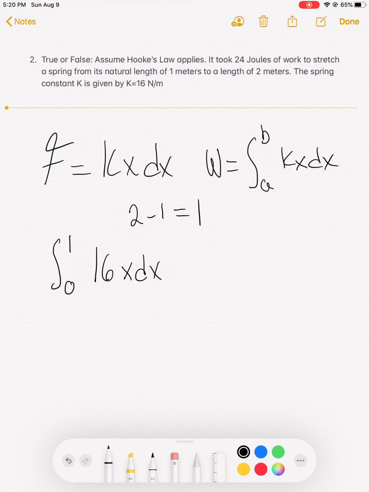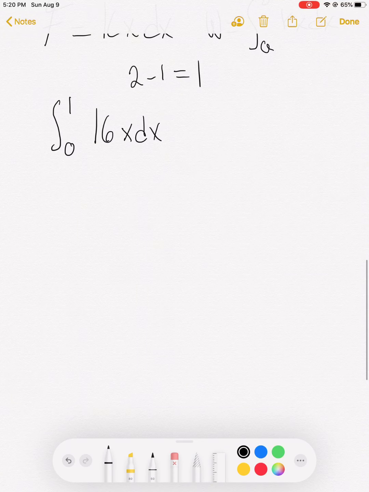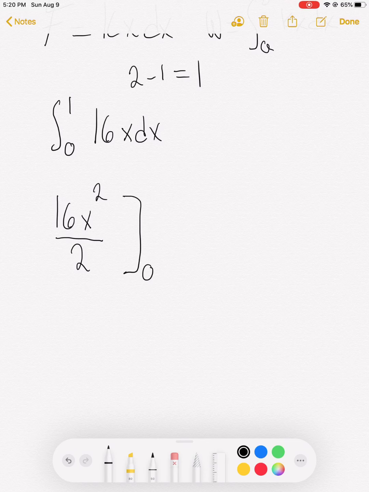And now we will solve our integral. So 16x squared over 2 with its value from 0 to 1. And now since it's divided by 2, this will cancel out, and 16 will become 8. So this equals 8x squared.